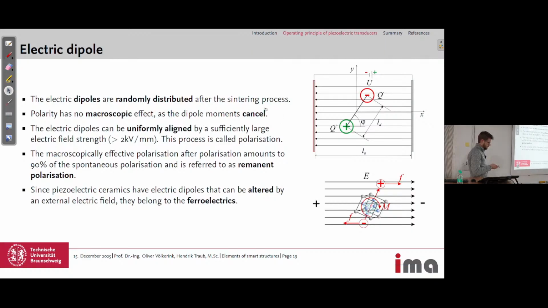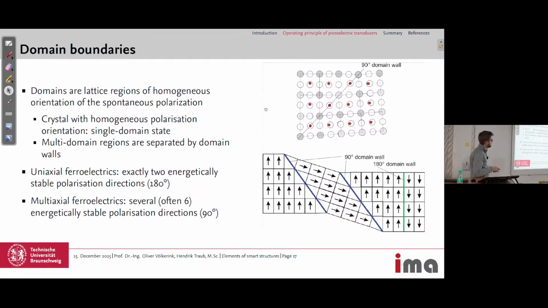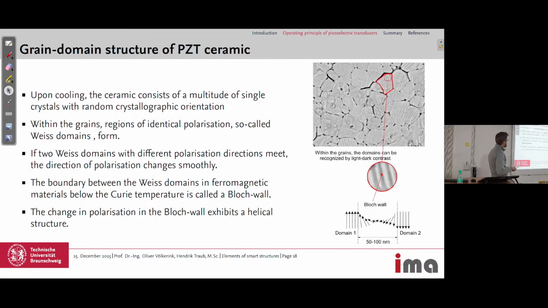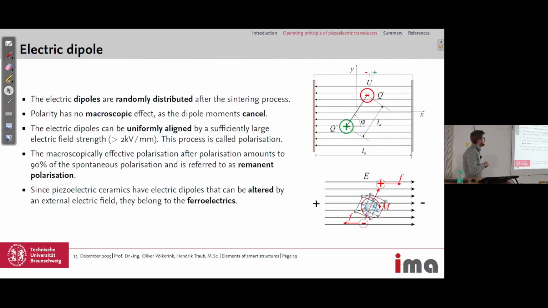If we go back here, after the spontaneous polarization we could have these 6 directions of polarization, and this leads to randomly distributed dipoles. The polarity has no macroscopic effects because the dipole moments cancel each other out between the different regions of polarization.